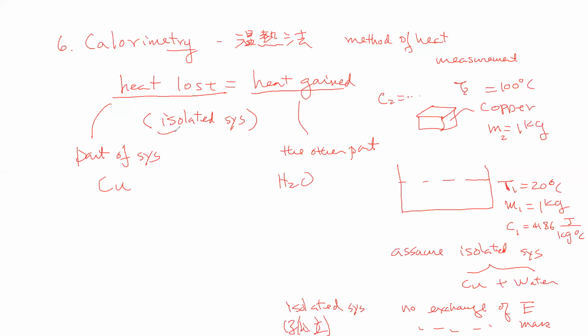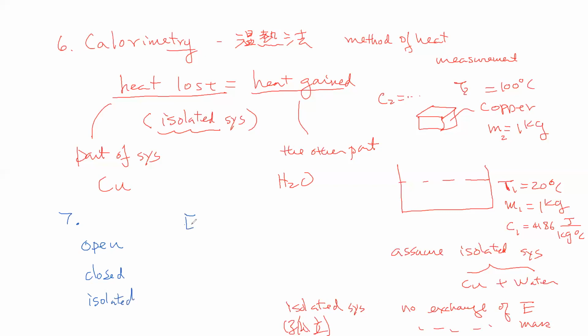And it has to be an isolated system. Okay? All right. So now, number 7. We're going to talk about three different kinds of systems. One is open, one is closed, and one is isolated.